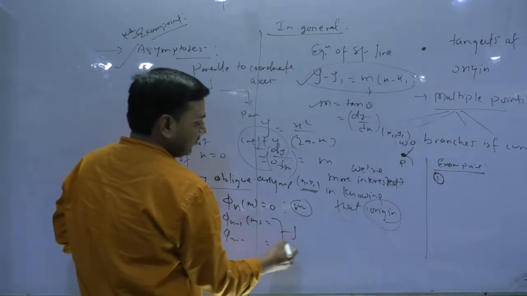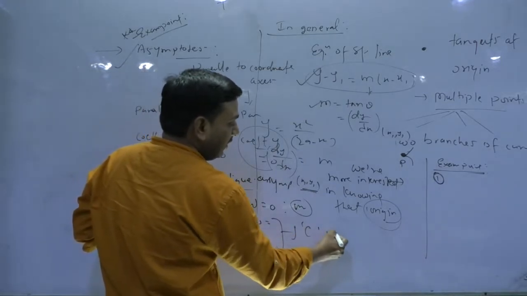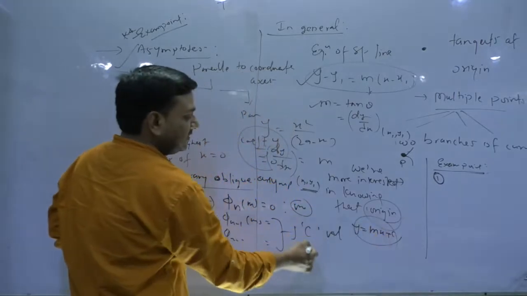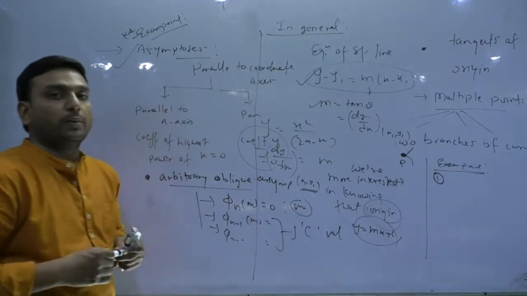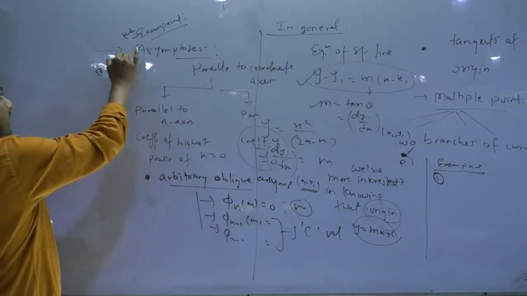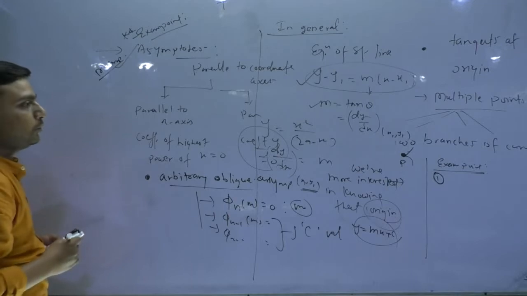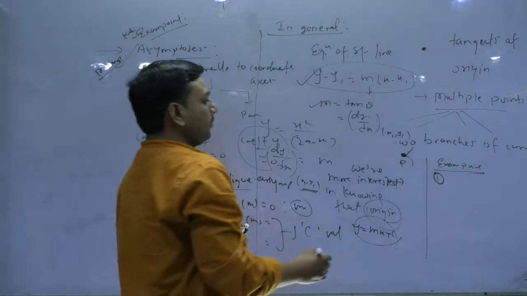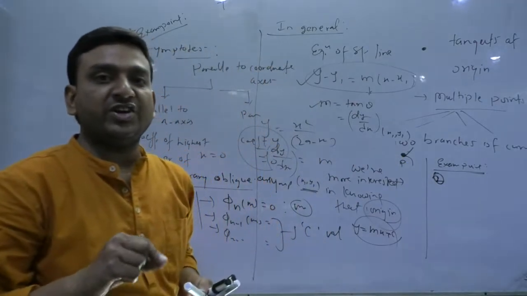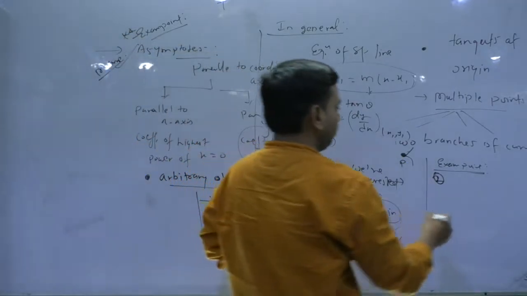From there get the values for c, and finally y equals mx plus c. By using these m and c you write the oblique asymptotes. That is the most important exam point for you guys. Now exam point 2 is for curve tracing: tangent at the origin. Okay?